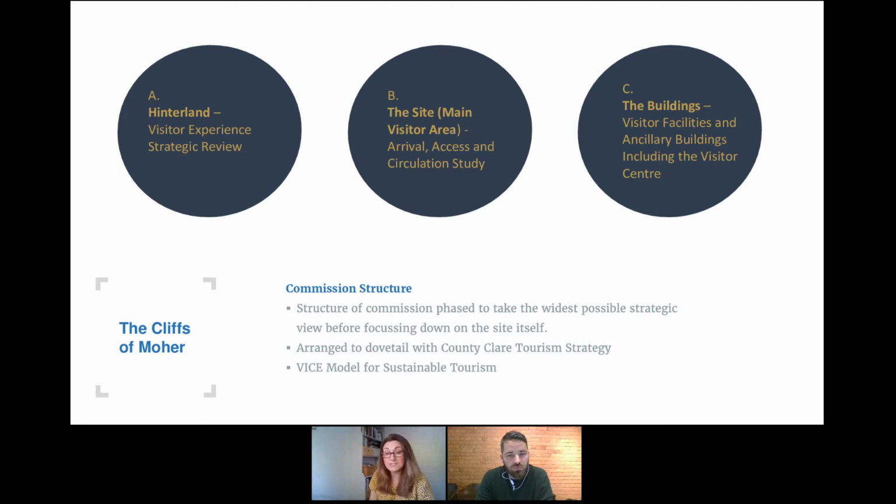And this has been done very deliberately so that the Commission can dovetail with County Clare's wider tourism strategy that's actually about to be released, but is just subject to some reviews because of COVID planning, and also other tourism models, so the VICE model for sustainable tourism, and also the UN sustainability goals, particularly with factors such as well-being and local community input and benefits in mind.